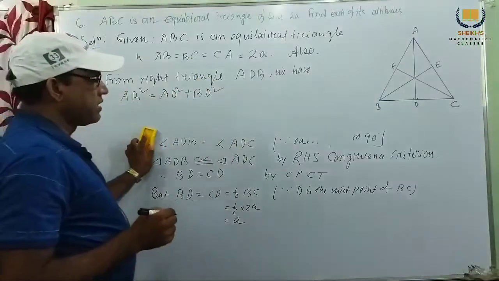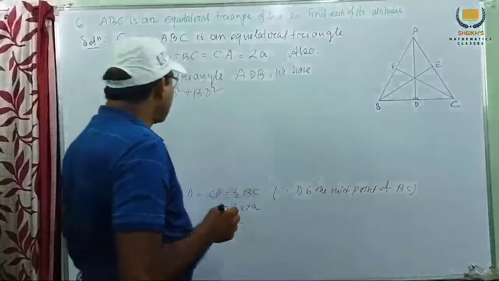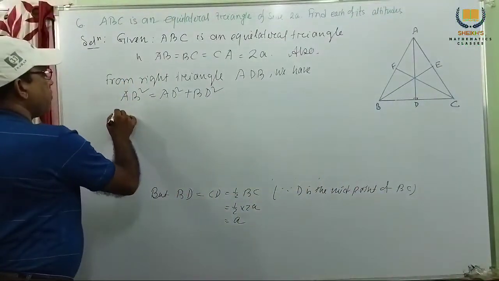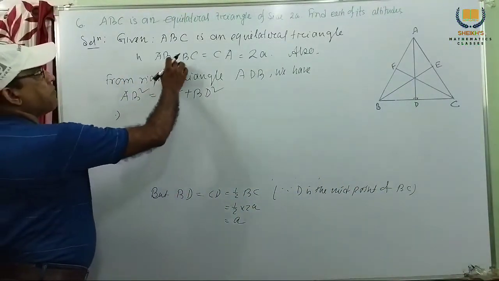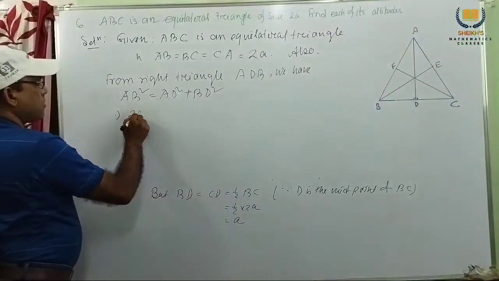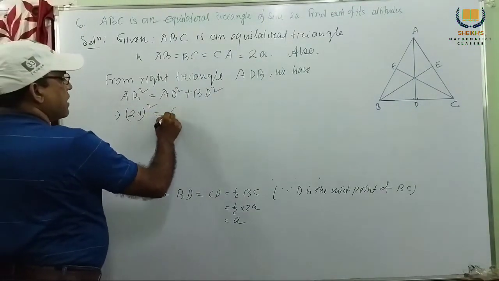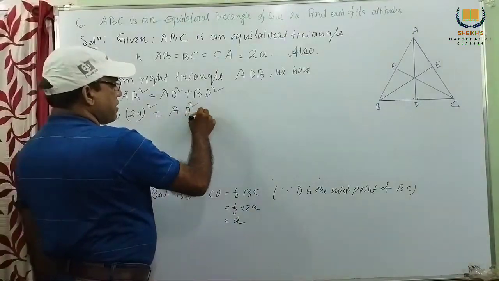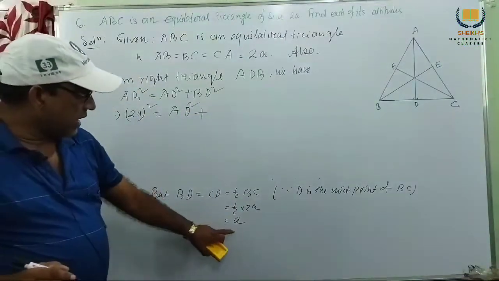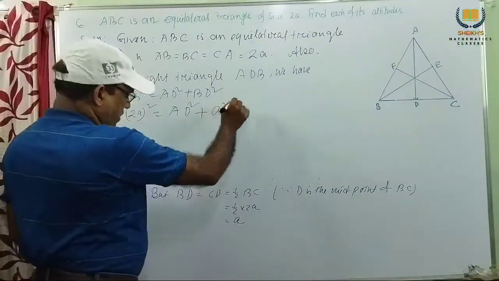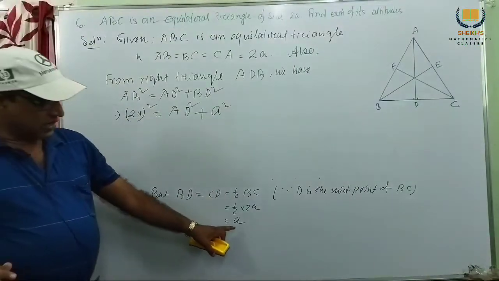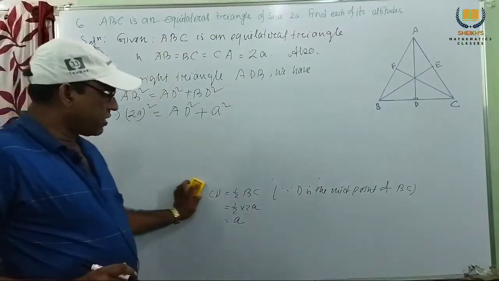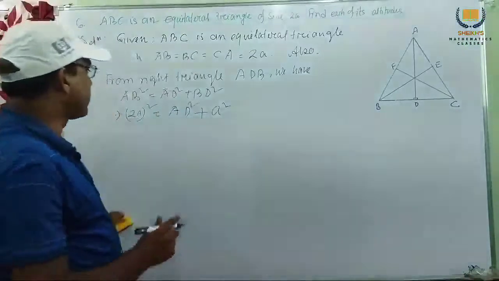We know the length of AB equal to 2a whole square. AD is not given. BD we just got a. This is a square. The measurements BD, CD, these are a.